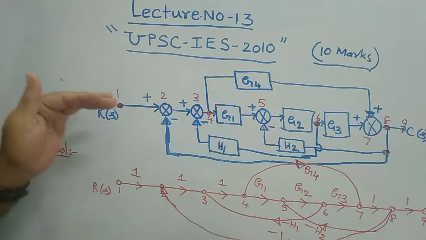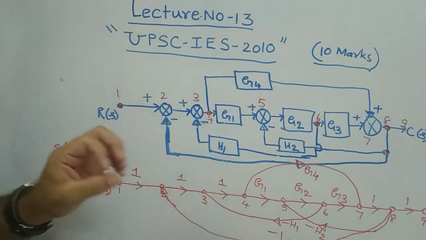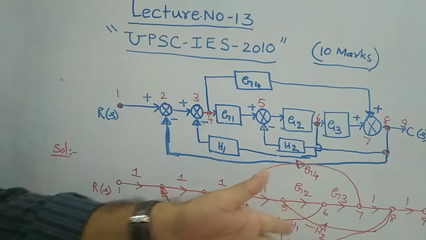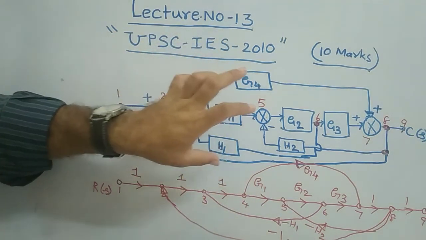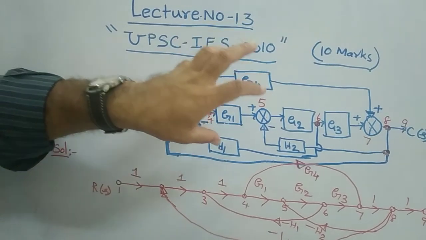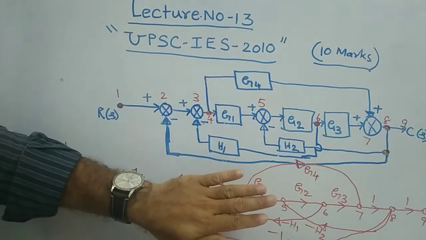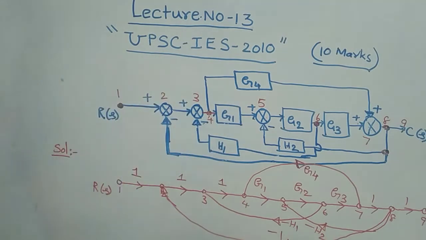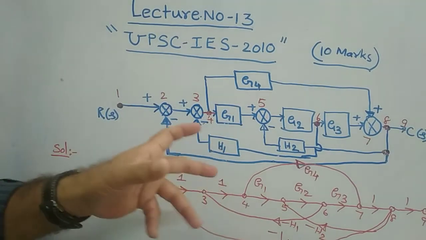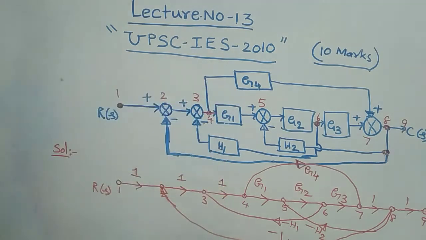Then draw the paths with their path gains, either in the forward or reverse direction, by carefully observing the block diagram, in the form of arrow marks only. Then this is called the signal flow graph, the equivalent signal flow graph of this block diagram.